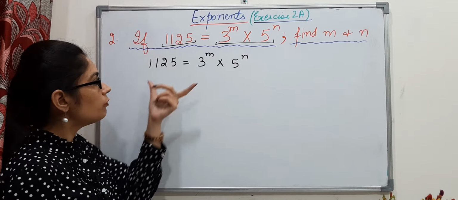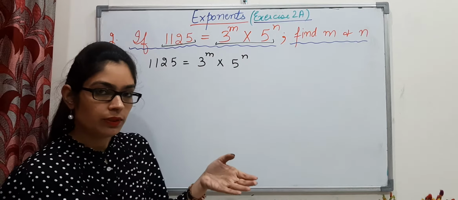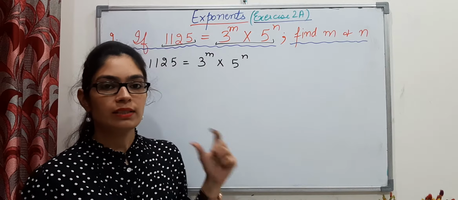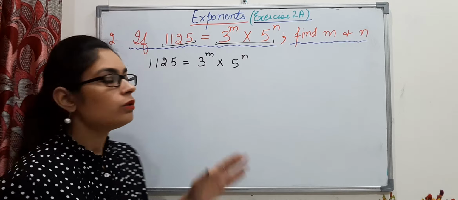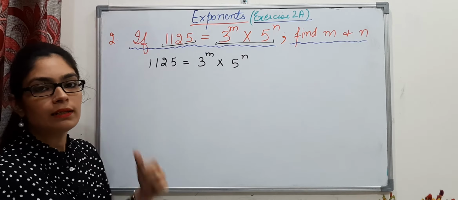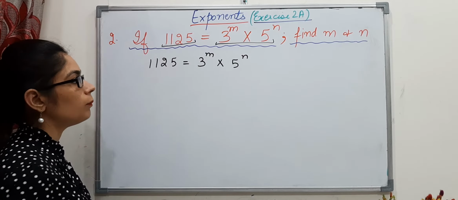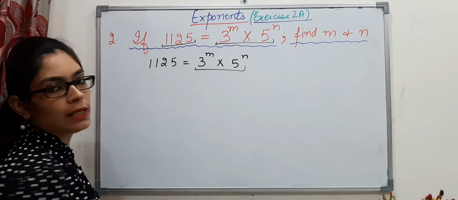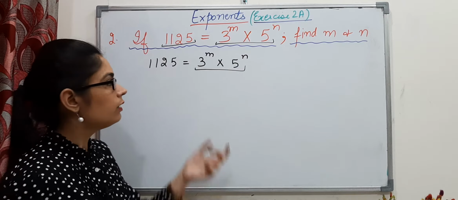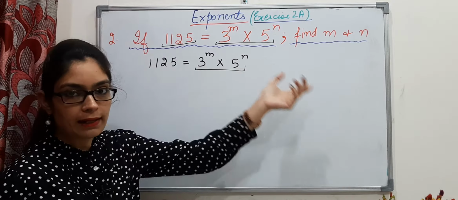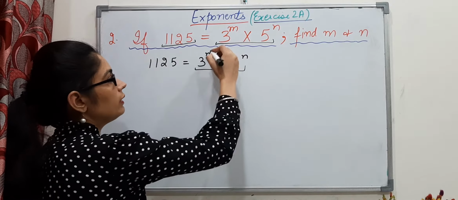Since we are doing the chapter on exponents, the first thing we have to do is write any number in its exponential form. Here also, this is giving us a hint that this number is equal to 3 to the power m and 5 to the power n, and we just have to find these two.